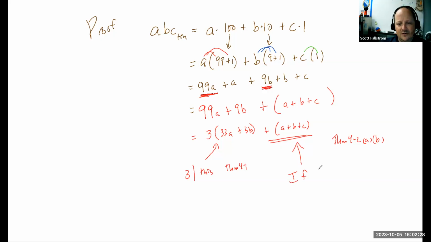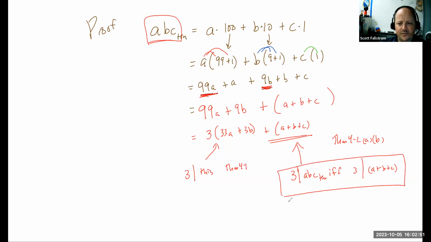If, and this is if and only if, let me rephrase that: 3 divides the big number we started with, 3 divides A, B, C in base 10 notation, if and only if 3 divides A plus B plus C. That's the 3-digit case right here.